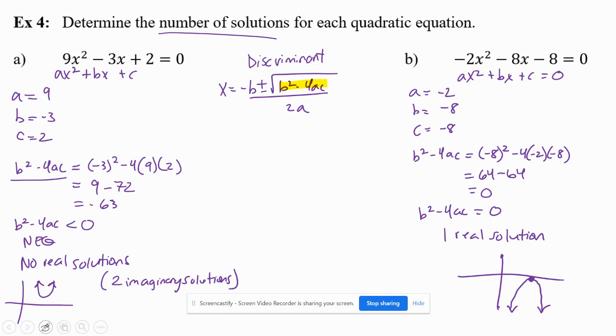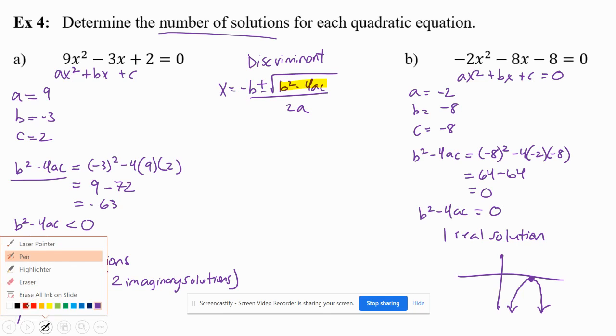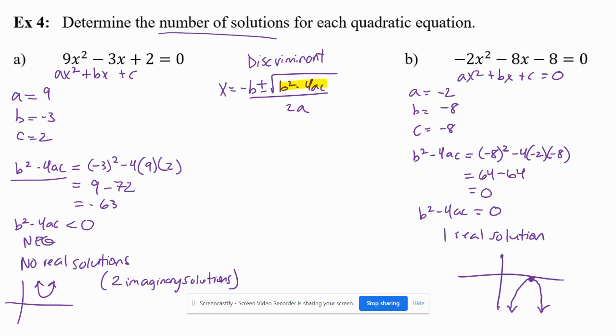Okay. And then we have no other example here, but in the middle, if we calculate the discriminant, b squared minus 4ac, and it's greater than 0, which means it's positive, that means we're going to have two real solutions. So the graph would look something like this, which just means it crosses the x-axis 2 times.